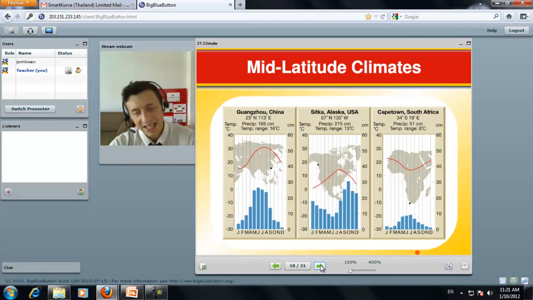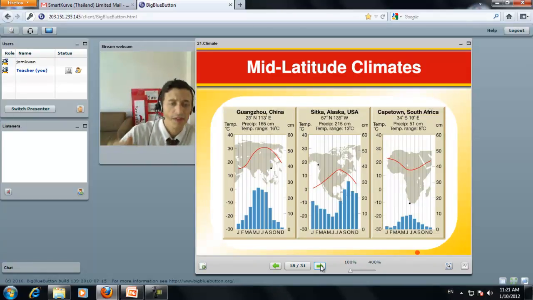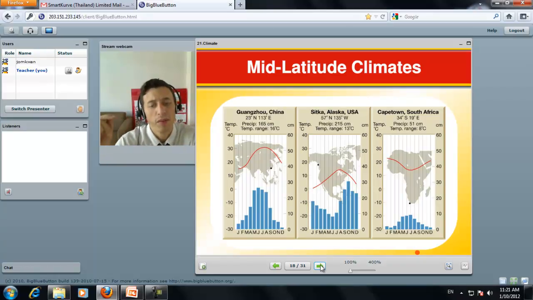And notice it's on the eastern side of the Asian continent. So a couple of things to keep in mind. Remember, we're right on the edge of tropical and temperate zones, and we're on the east side of the Asian continent. So notice we get our highest precipitation in summer.